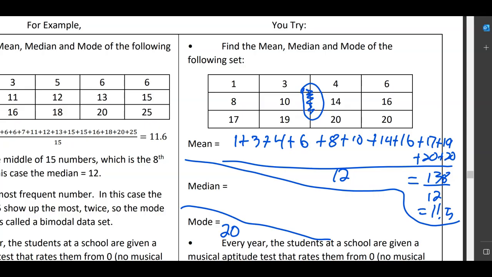If there is a space, then you find the mean of those numbers to the left and right of that gap. 24 over 2 is 12. If there's an odd number, then there's a number right in the middle, and that's the median. Okay.